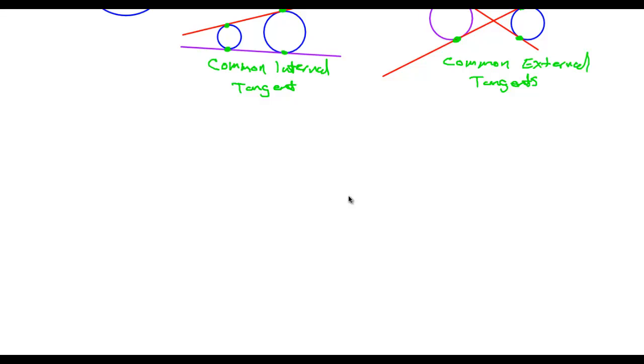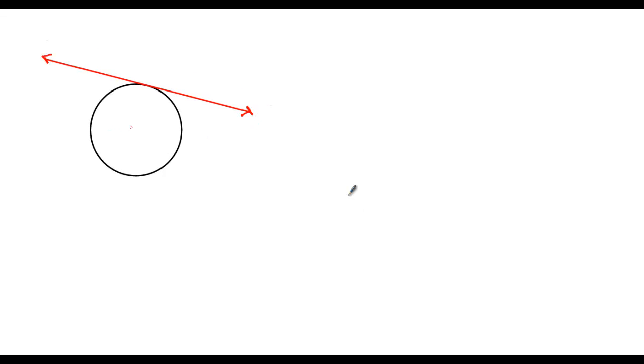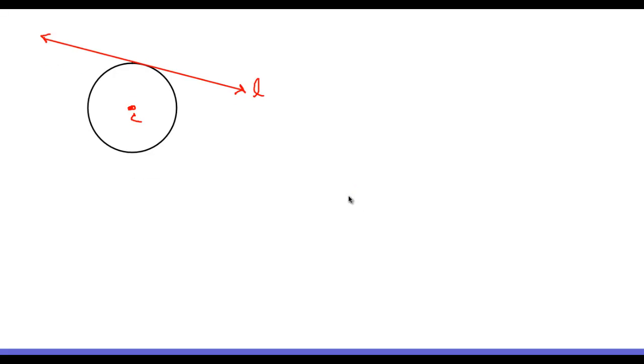So just a couple more things, and these are more theorems now than vocabulary. If we have a circle that has a tangent line, so this would be circle C, tangent line L, and I'm going to draw a radius in this circle, but I'm going to make sure that this radius goes from C, not just to the side, but exactly to the point of tangency.